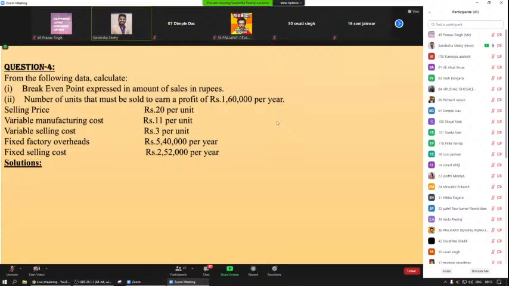Variable manufacturing cost rupees 11 per unit, variable selling cost rupees 3 per unit, fixed factory overhead rupees 5,40,000 per year, fixed selling cost rupees 2,52,000 per year. So there are two fixed costs, two variable costs. Selling price is given.